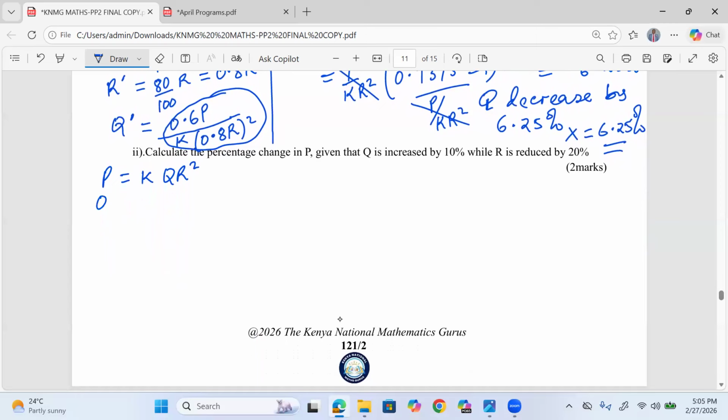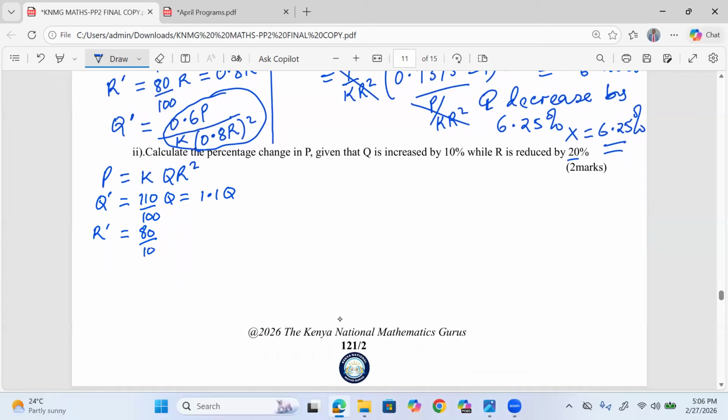So the new Q shall be, Q increases by 10, so it is 110% of original Q, which is 1.1 original Q. Then the new R becomes, R is reduced by 20%.